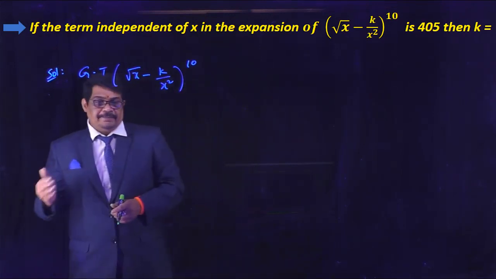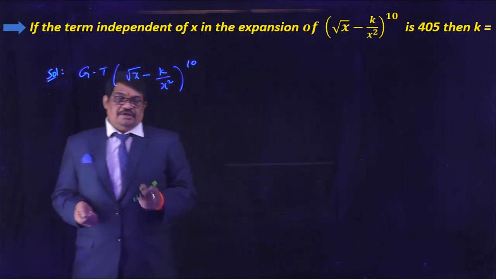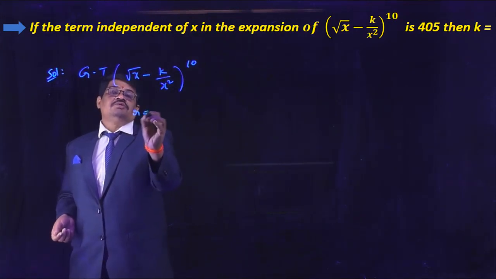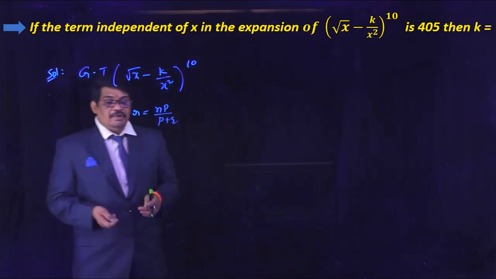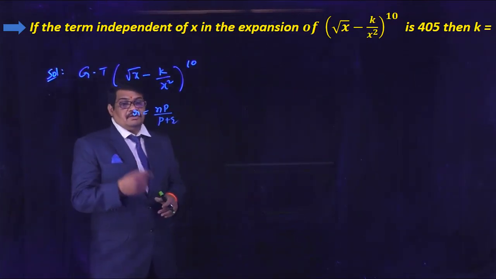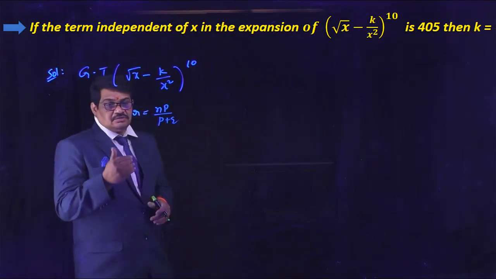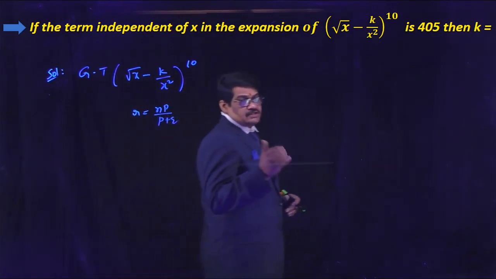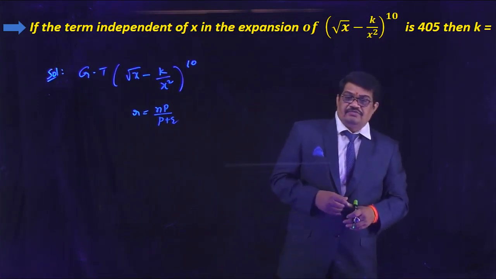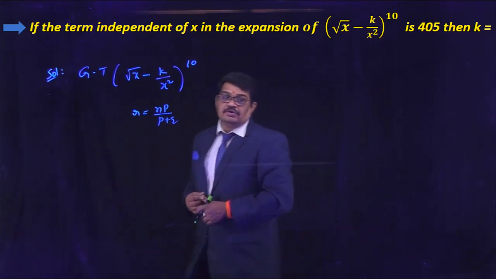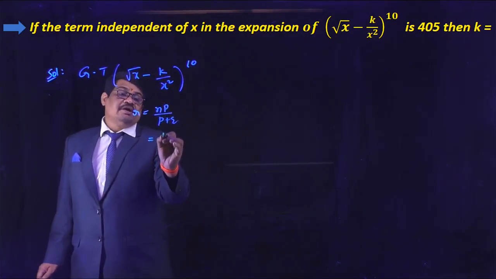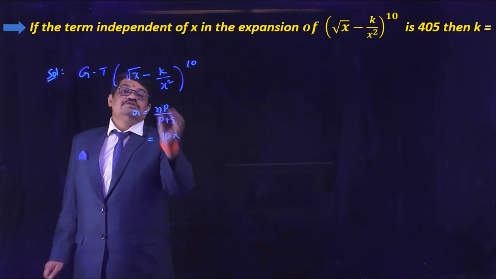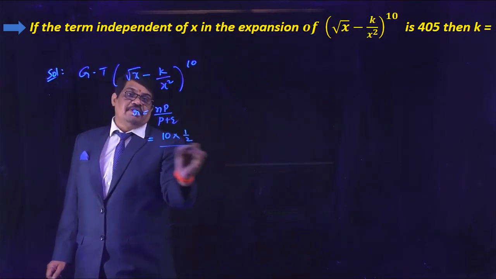Now we are writing the independent term. What is r? r is equal to np/(p+q). Here n is 10, p is 1/2 since x to the power 1/2, and q is 2.